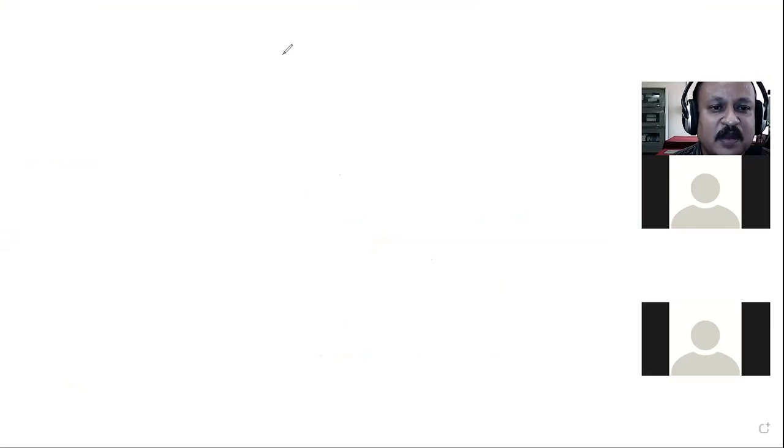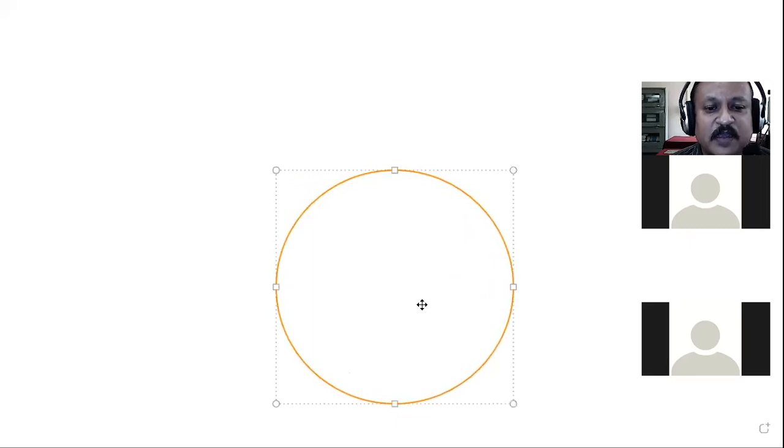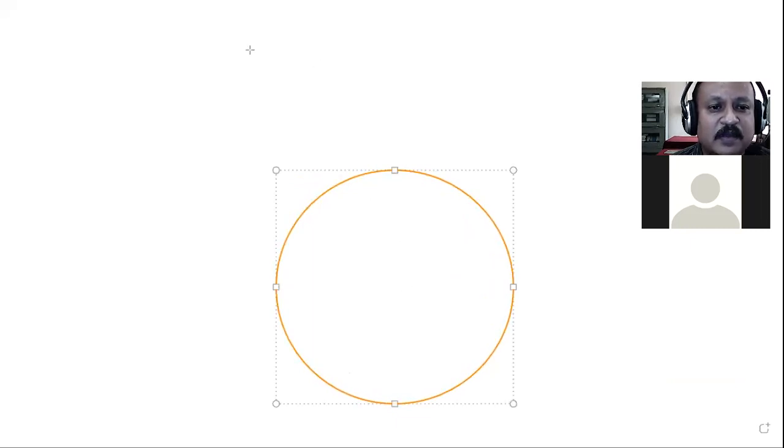If I have a circle like this, I'll draw a point at the center. Maybe I'll show a very small circle here. Assuming that this is exactly the center, and then we know that this is the radius.